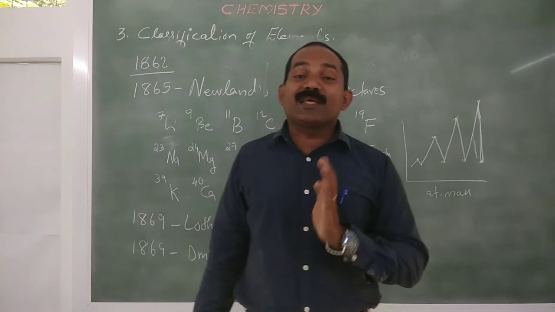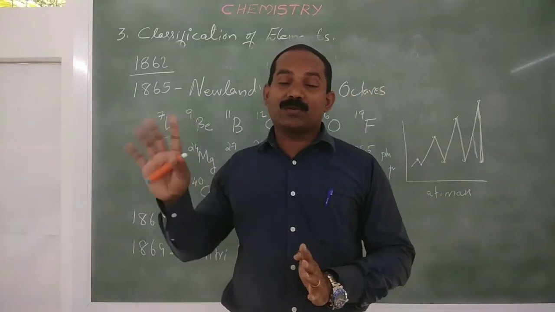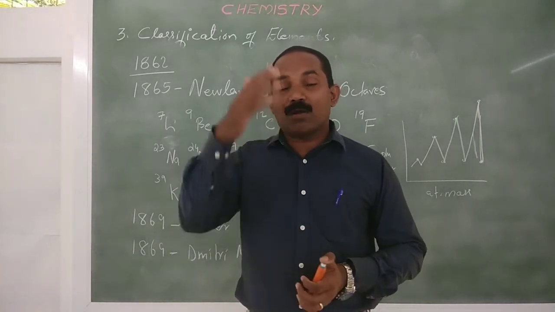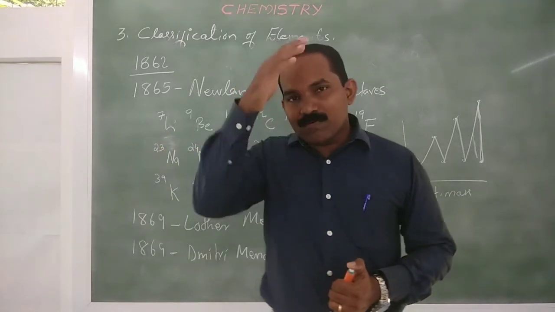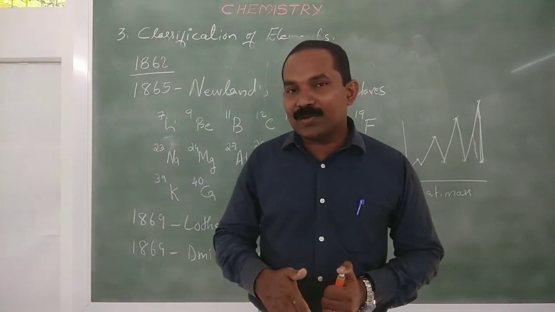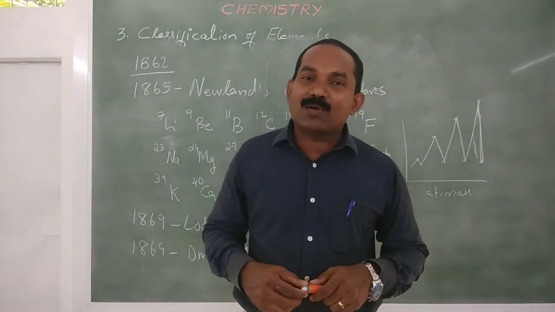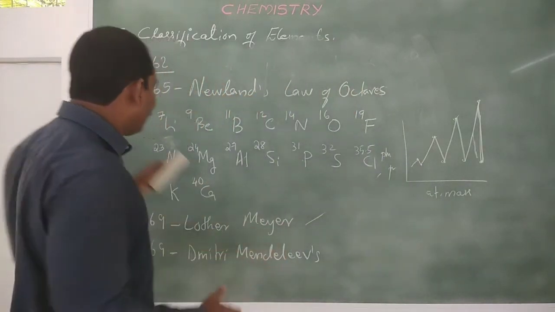He arranged the elements in vertical columns as well as horizontal rows. Vertical columns are called groups and horizontal rows are called periods. You know the Mendeleev periodic table.